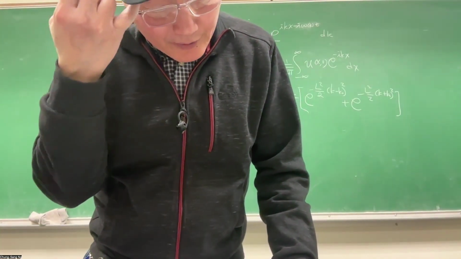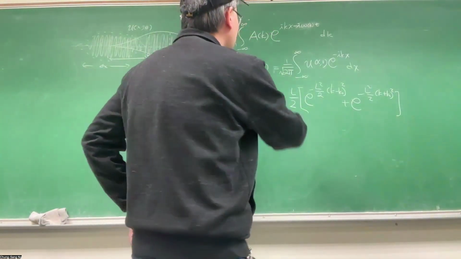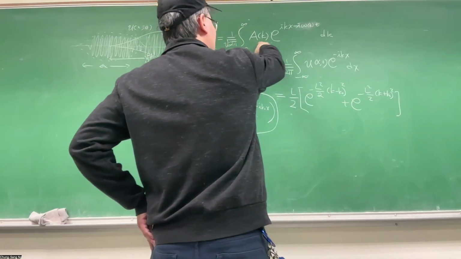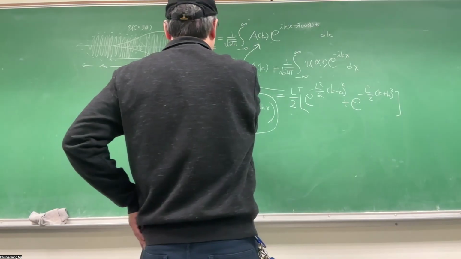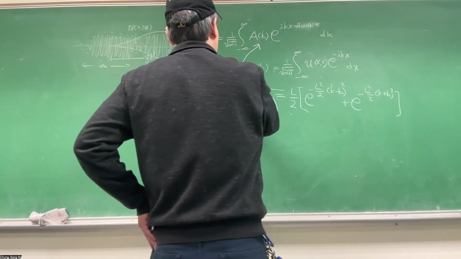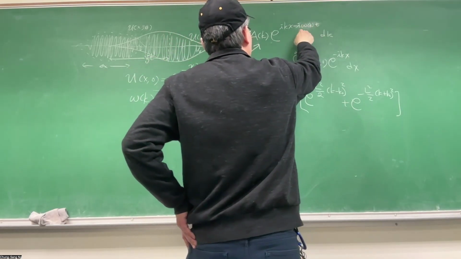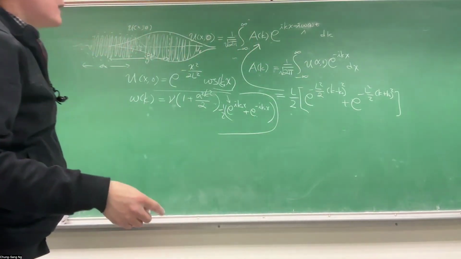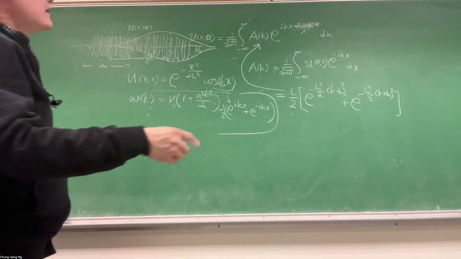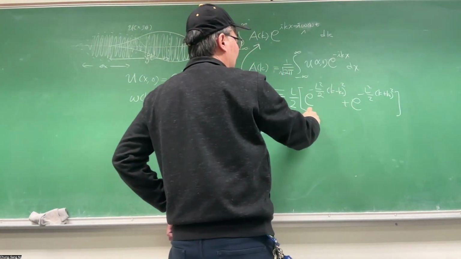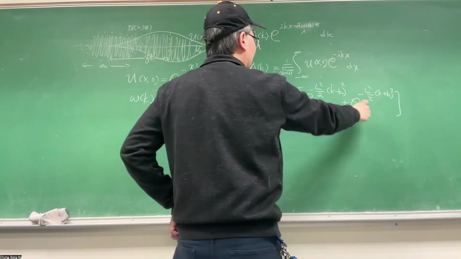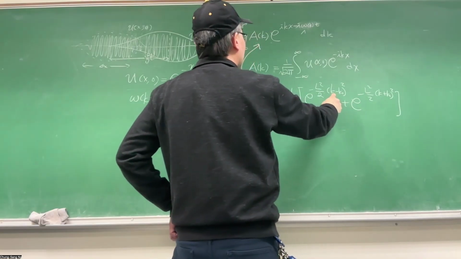Now the complication is, once you have this, you put it back to here. So this goes into here, and this omega goes into here. And now you do another Gaussian integral, because this is integration in k, and this is a Gaussian in k, both of these terms.